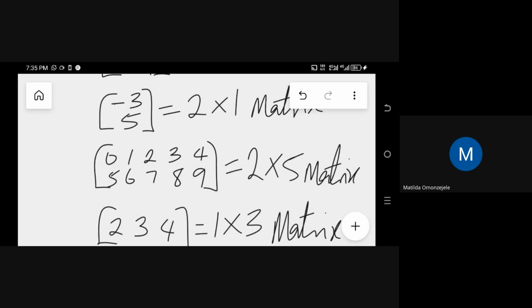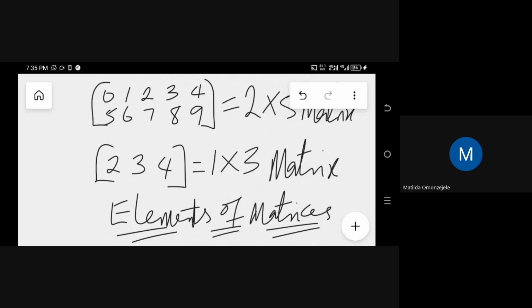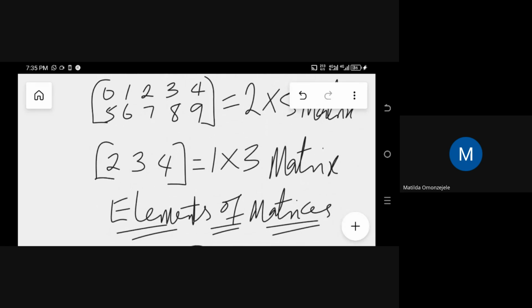Proceeded to this one, there are 2 rows and the columns were 5. Then the next, we counted just 1 row but 3 columns, so we called this a 1 by 3 matrix.